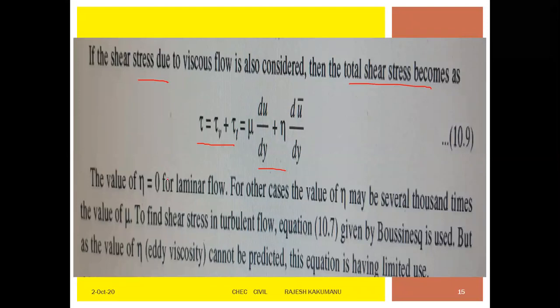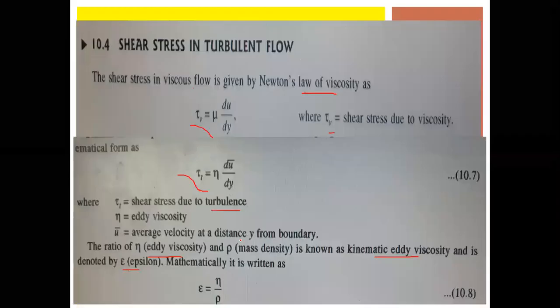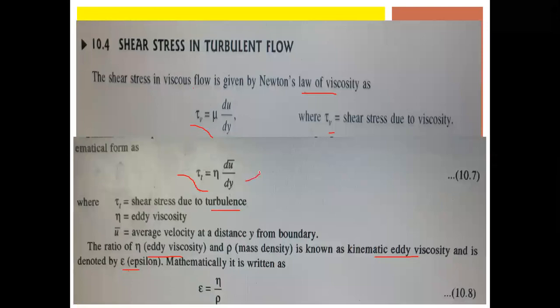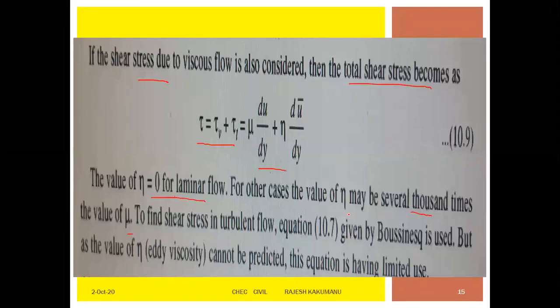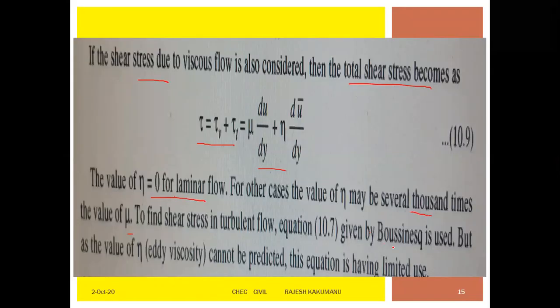The value of eddy viscosity is equal to 0 for laminar flow. For other cases, the value of eddy viscosity may be several thousand times the value of mu. To find the shear stresses in turbulent flow, equation 10.7, this equation, given by Boussinesq, is used.